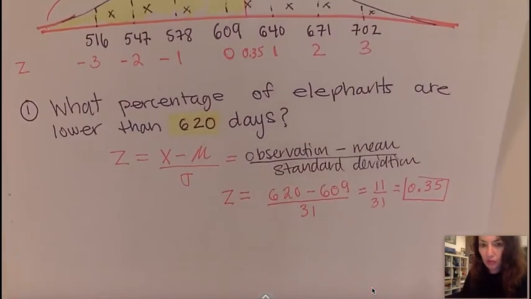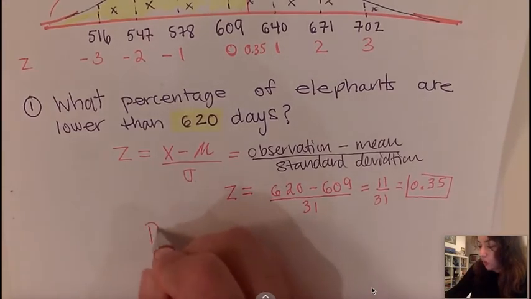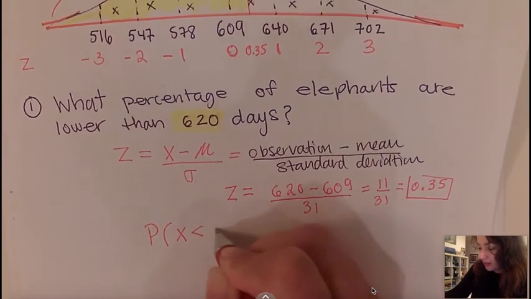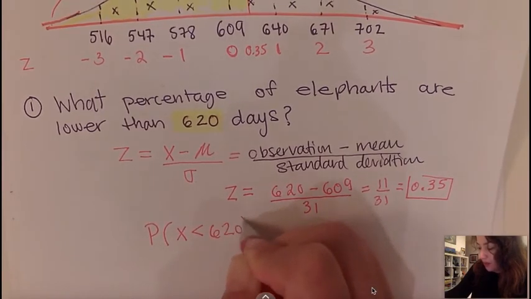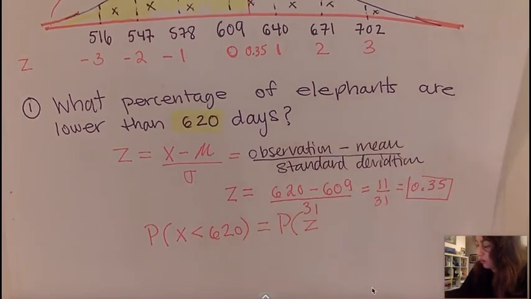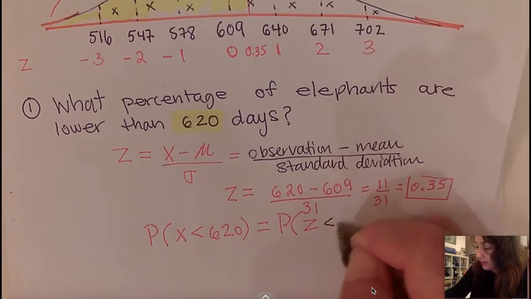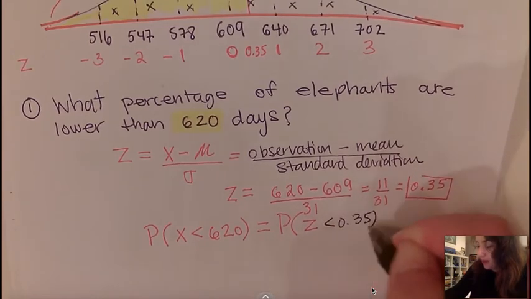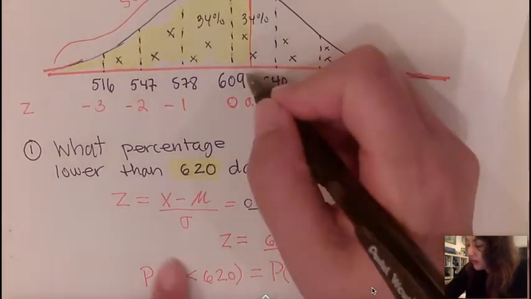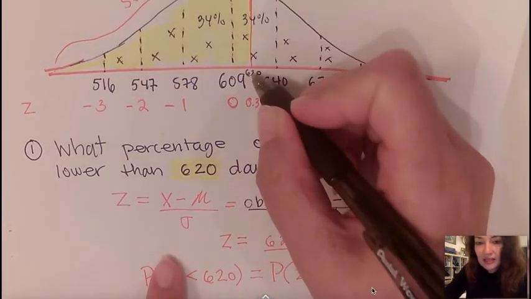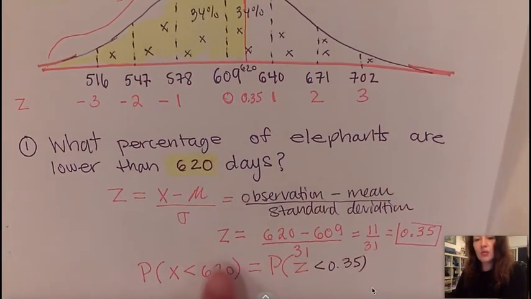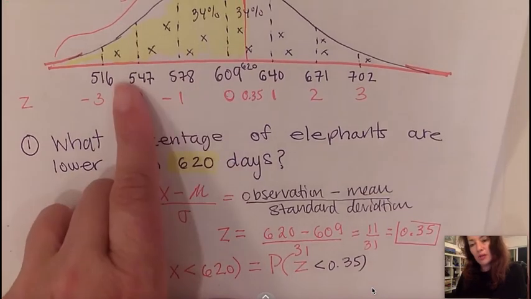If I would actually use notation, I can say, what is the area of x less than 620? And by the way, this is equivalent to saying, what is the area with a z-score less than 0.35? Because 620 corresponds right here. If I write a value here, 620, then that 620 corresponds to this z-score. So let's look at a table and see what is the area below 620.